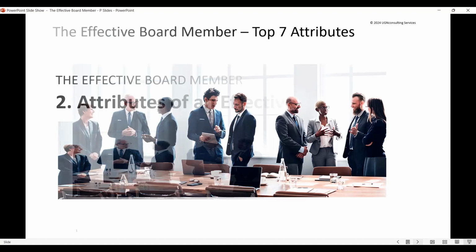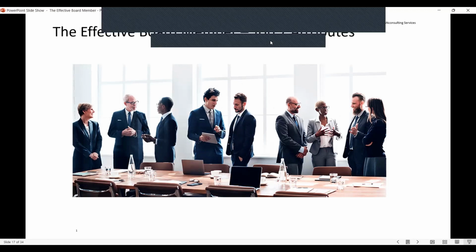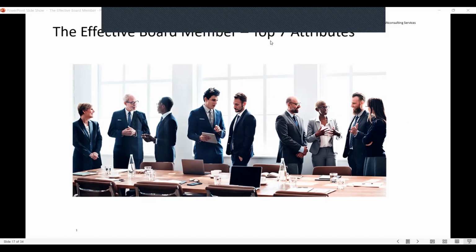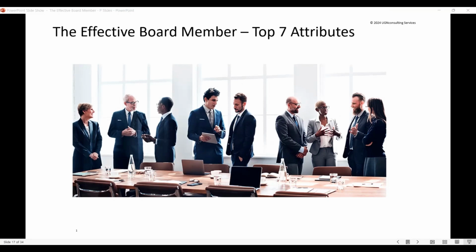From our work at UGN Consulting Services and also from the little research we did on what different schools of thought have said about this topic, we also carried out a survey. Based on our analysis of the duties, functions, and responsibilities of the board, we came up with the top 7 attributes that any board member should possess. If you don't possess them, you should start working towards developing them, because these are the attributes that will make you effective.